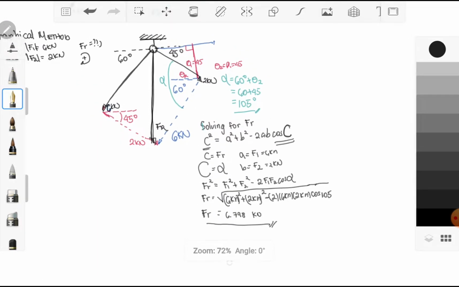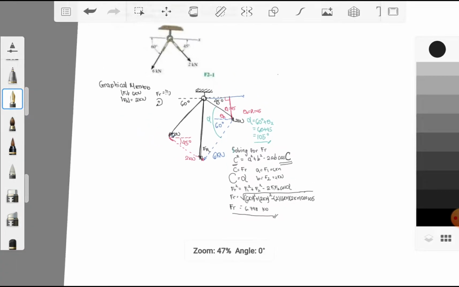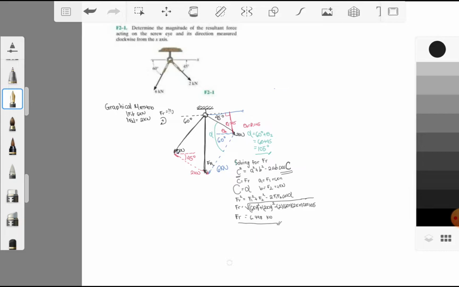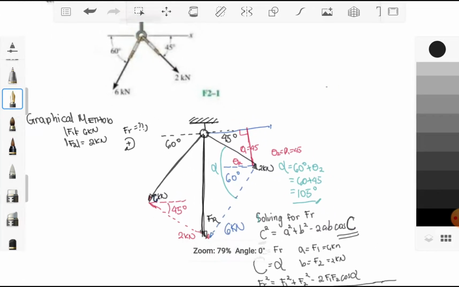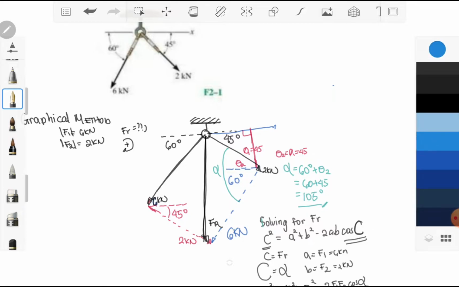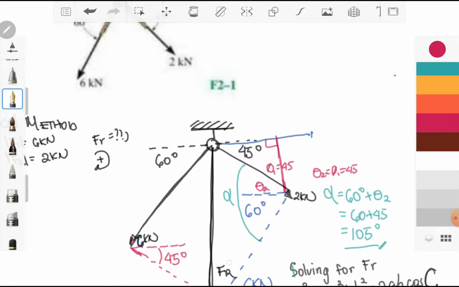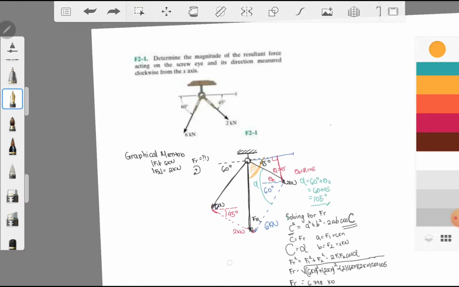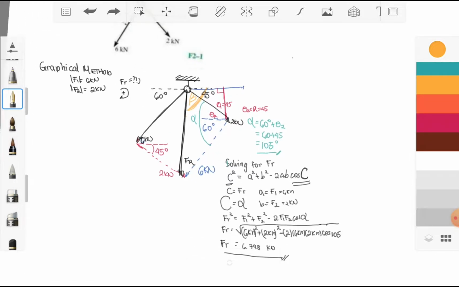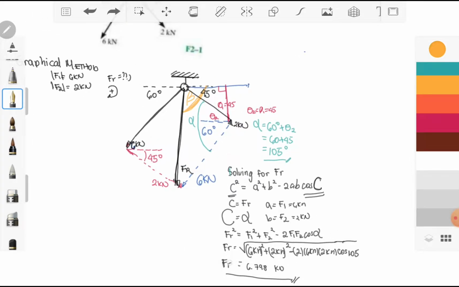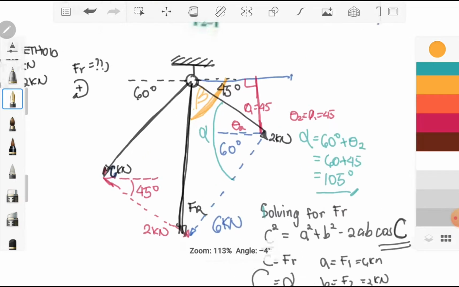So how will we get the value of the unknown theta? Let's say that my unknown theta, or the angle of your FR with respect to the x-axis, will be beta. So this is my FR beta, which means that it is the angle from this triangle that was projected.